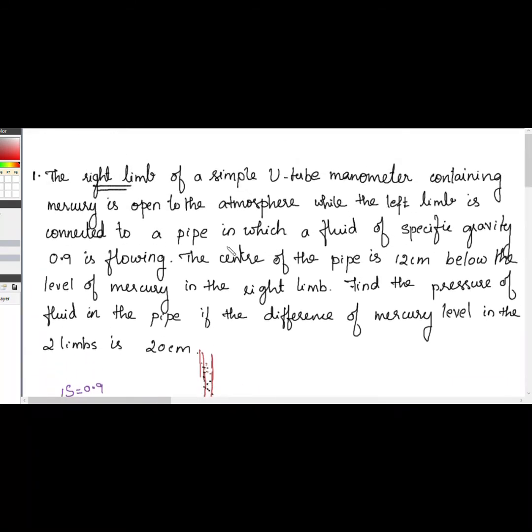Then what else is given? The center of the pipe is 12 centimeter below the level of mercury in the right limb.